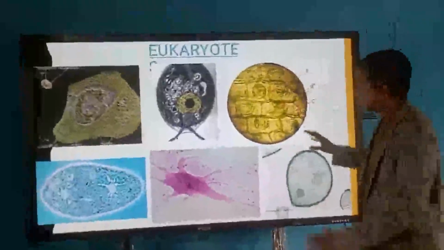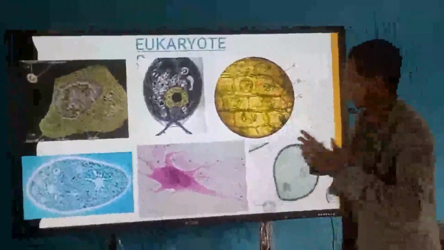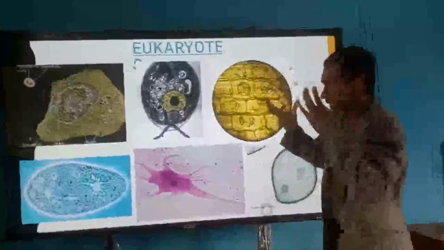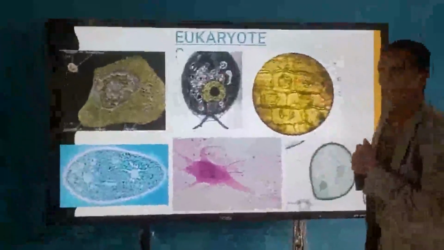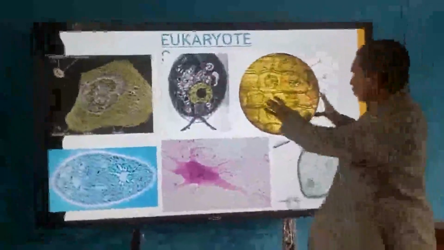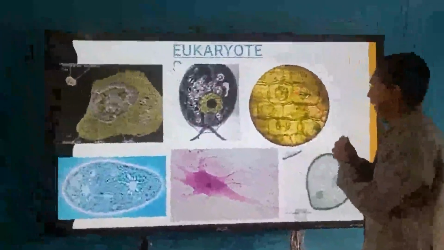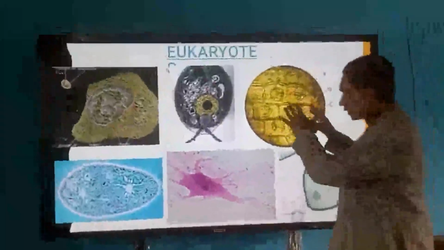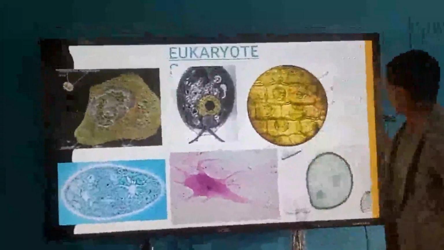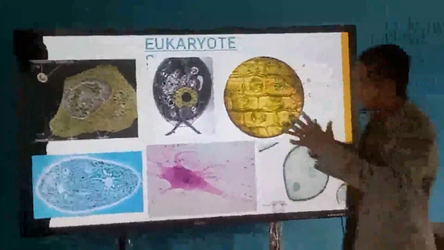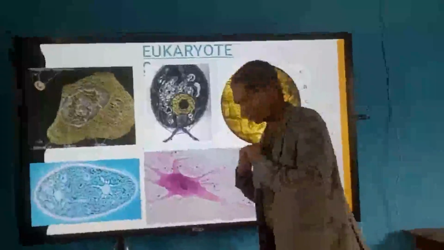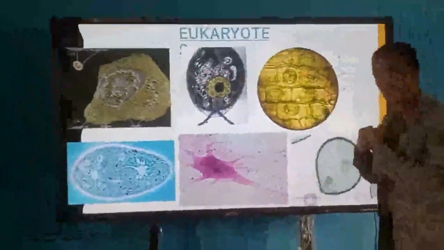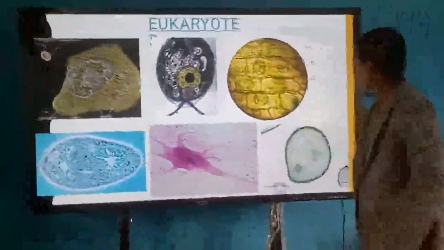When we observe eukaryotic cells through an advanced compound microscope, we can see them like in these pictures. So you can see how advanced these structures are compared to the prokaryotic.